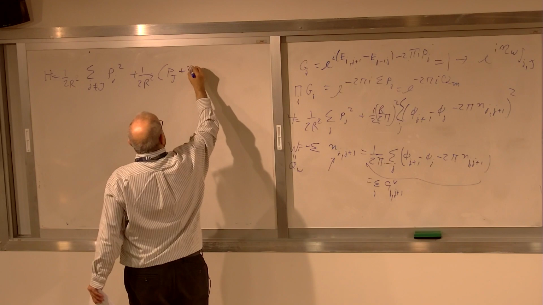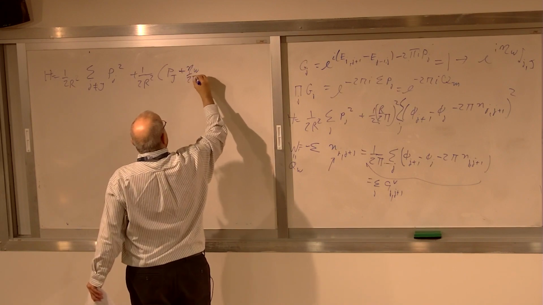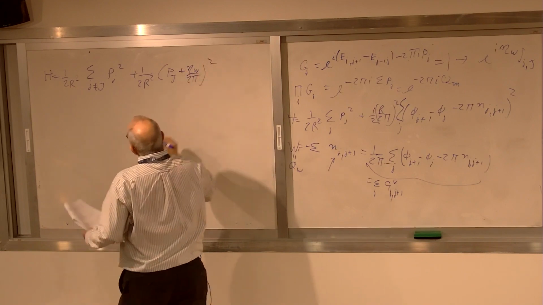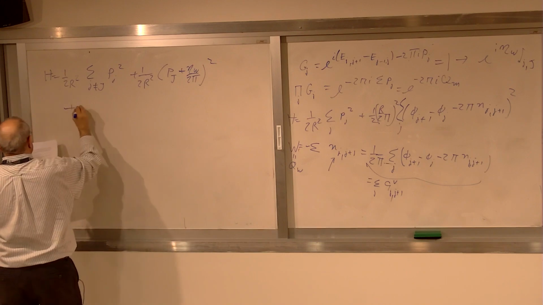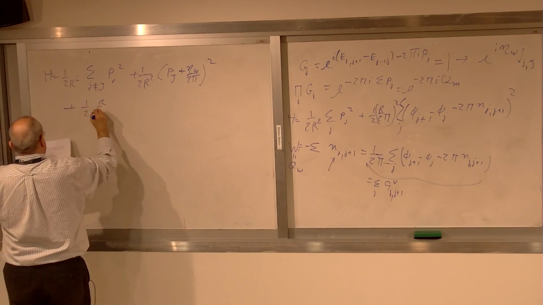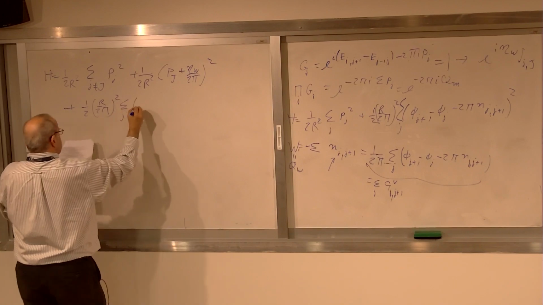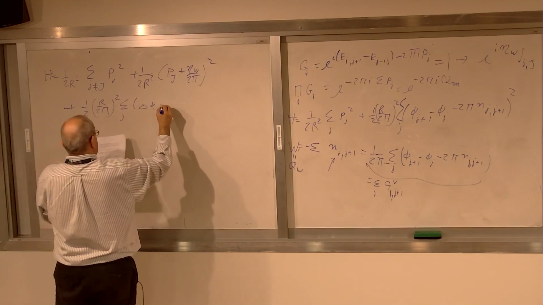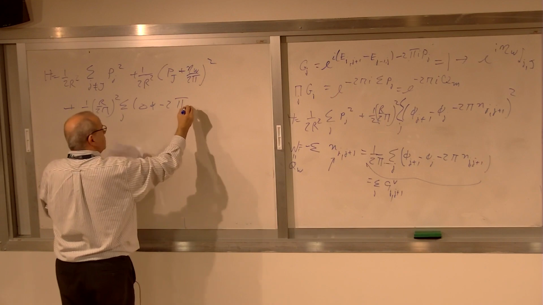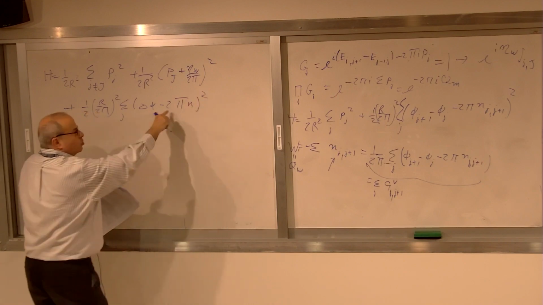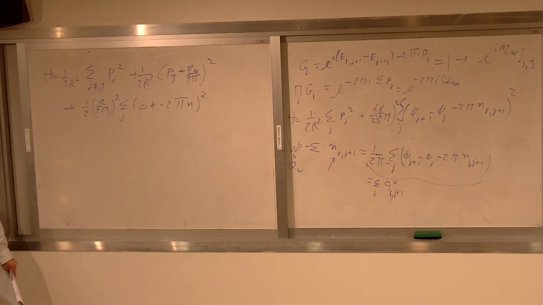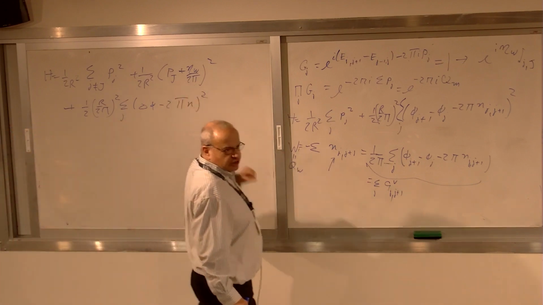Plus eta w over 2 pi square plus 1 over 2 r over 2 pi square sum over j. And I'll write it like that. I'm not going to bother to write all the indices. Square. I hope this shorthand notation is clear. So all I did was to take one side, and at one side I changed the momentum.